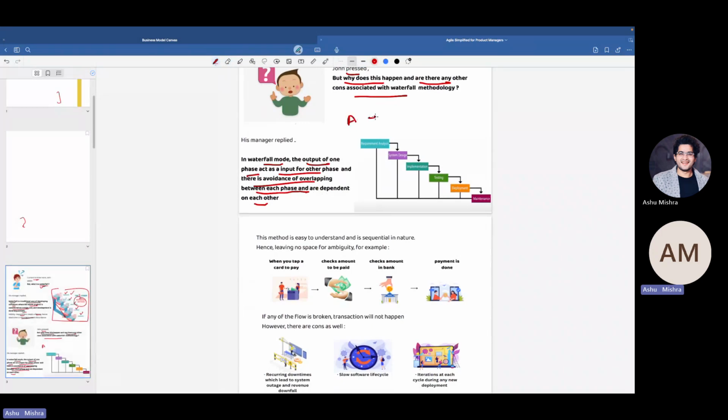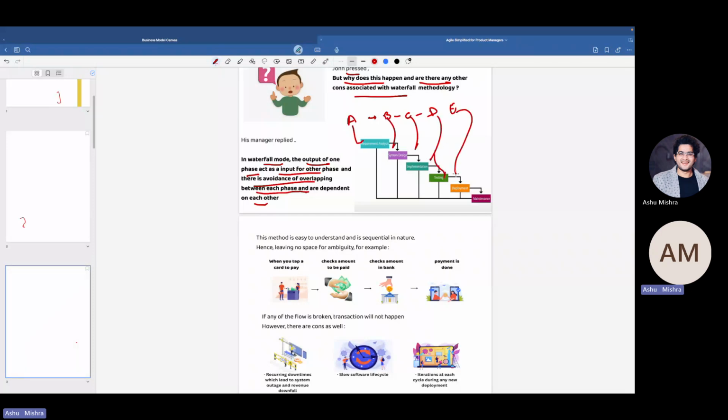Let's say there are steps A, B, C, D, which are requirement analysis, system design, implementation, and testing. Then there is E called deployment, and finally there is another step, maintenance. So even if one of these steps is disturbed, the whole process has to go down.